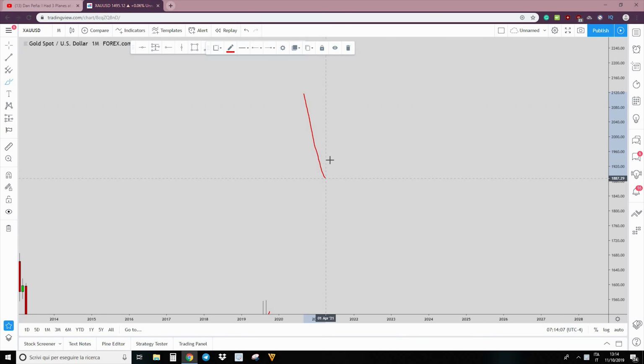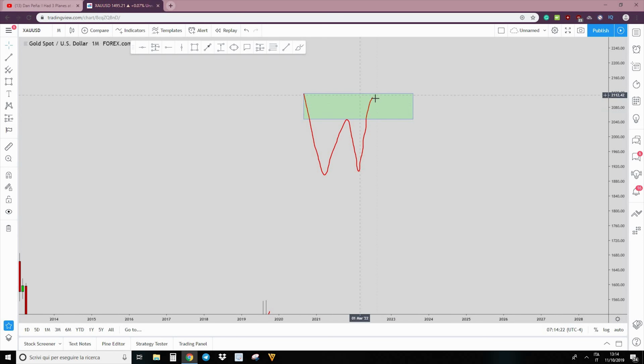If you see that the market is creating a W formation, and this is a normal W formation, the market is in between the neckline, so this high here, and this high here. It's basically inside of this region.